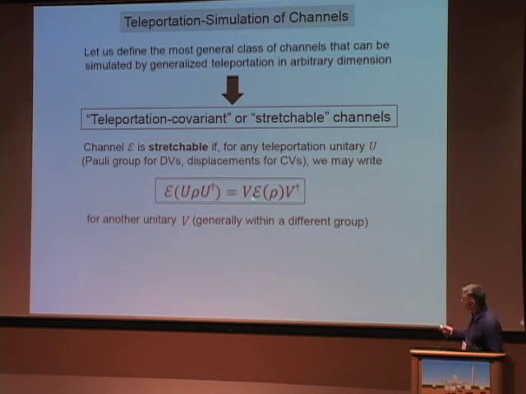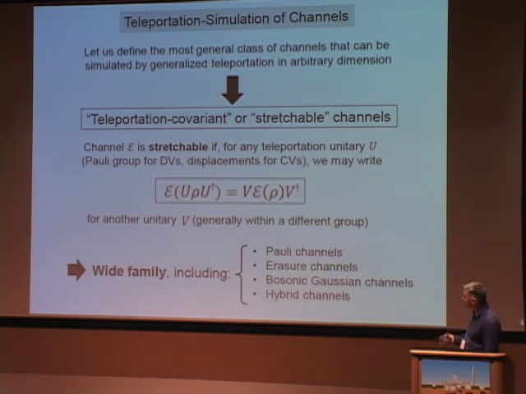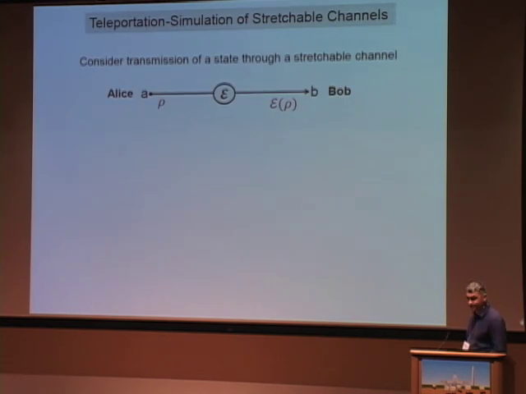But this is the property, and because of that, you can simulate Pauli channels. So the class of channels satisfying this property includes the Pauli channel, the erasure channel, bosonic Gaussian channels, and so on. But let's describe what happens more exactly.